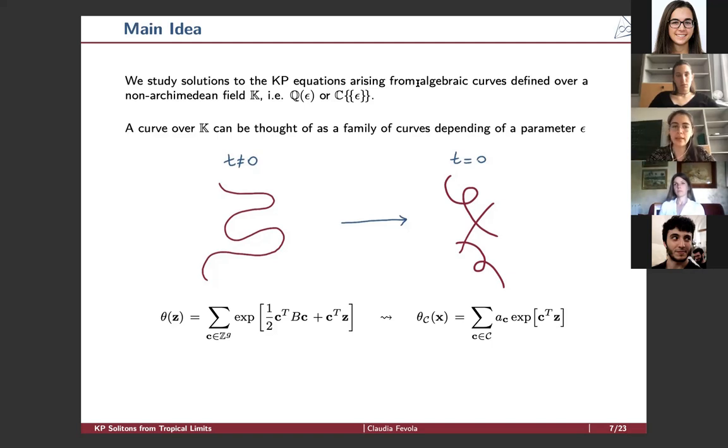You can think of a curve defined over such a field as a family of curves that depend on a parameter epsilon. We start from a smooth, nice curve when t is non-zero, and when t goes to 0, we can see some singularities arise.